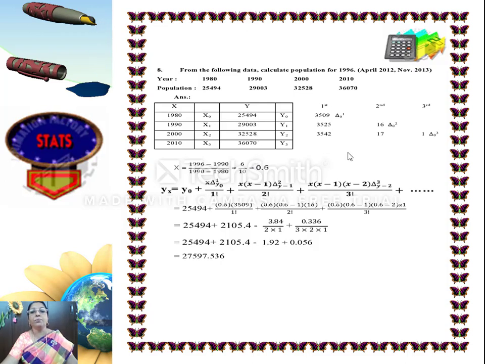And we got the first difference. Then 3525 minus 3509, then 3542 minus 3525. We get the second difference. Then 17 minus 16, the third difference, which is 1. Now substitute these values in your formula as we did in the previous sum and arrive at the answer, which is 27,597.536.